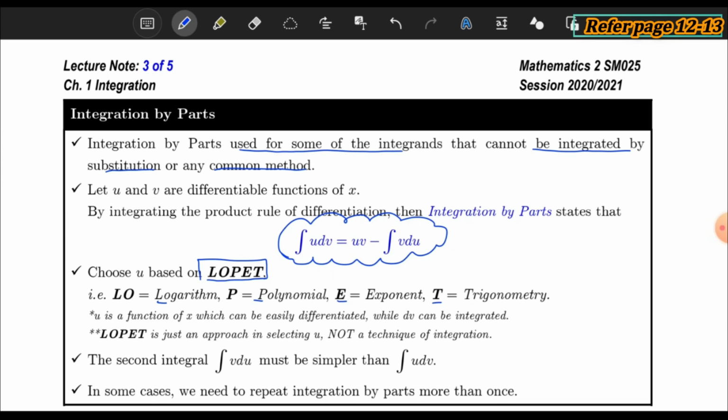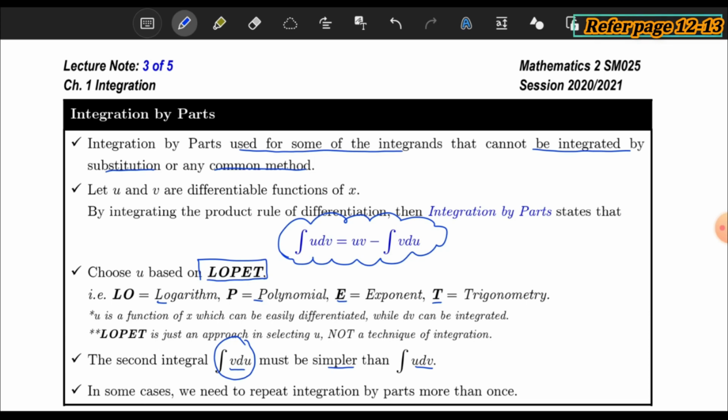The second integral, integrate v du, must be simpler than integrate u dv. If your integrate v du is more complicated, it means that you are choosing the wrong or not suitable u.